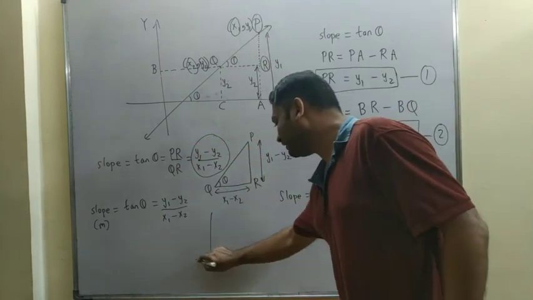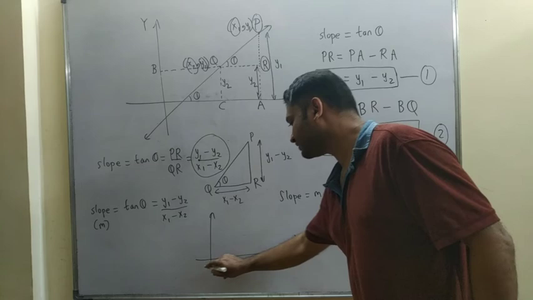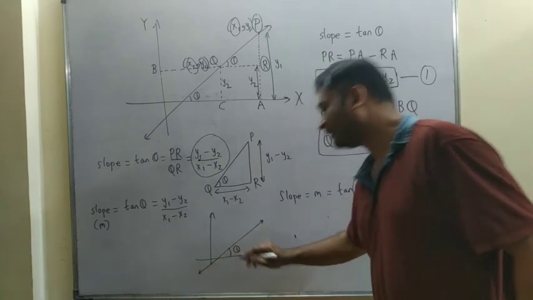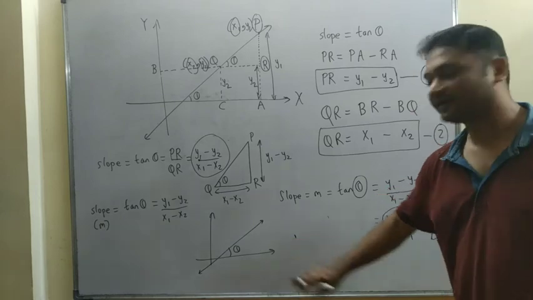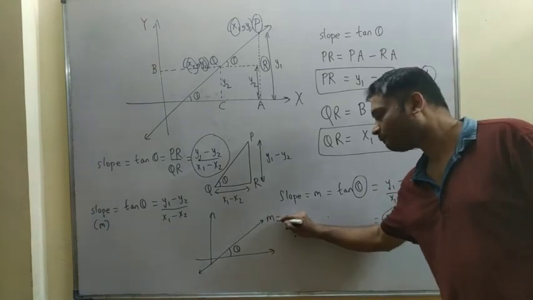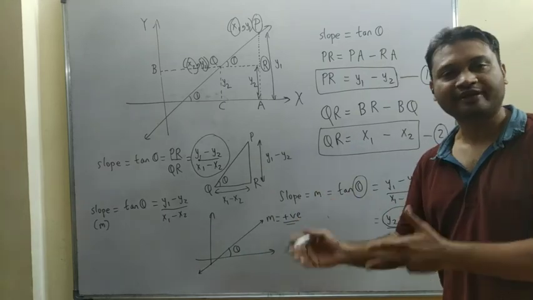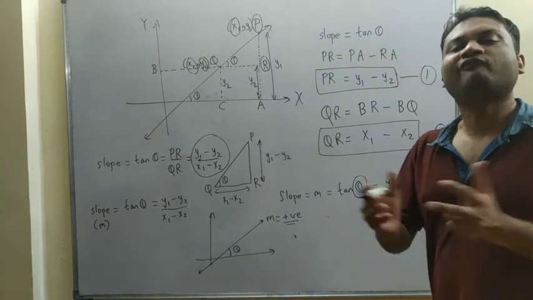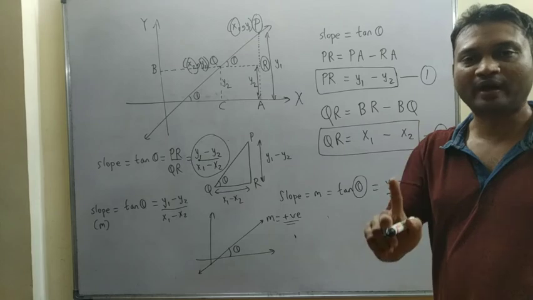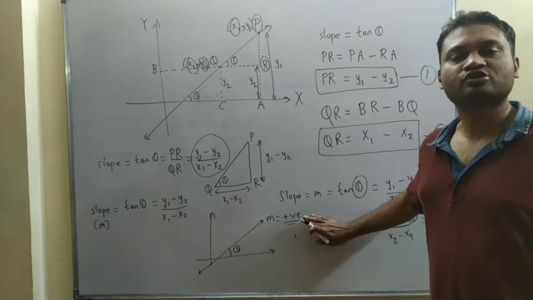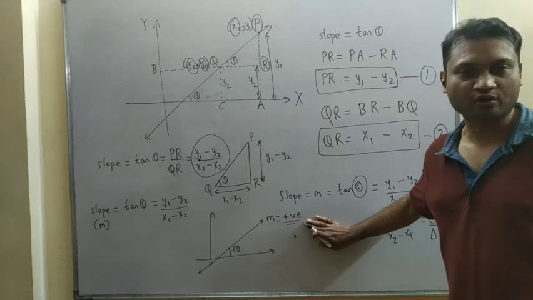If we have a line like this, let us say, so this is our line. In this case, the angle made by the line is an acute angle. Then we can say the slope of this line is tan theta, and tan of an acute angle is positive. For example, tan 45 is 1. So the slope of this line is positive.